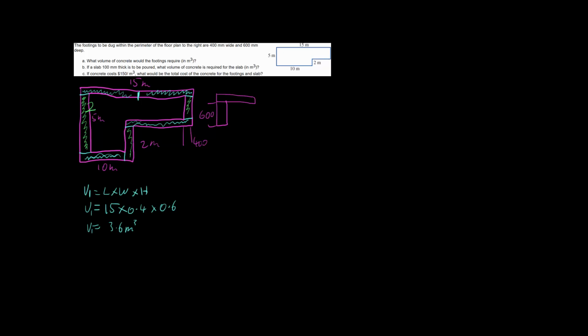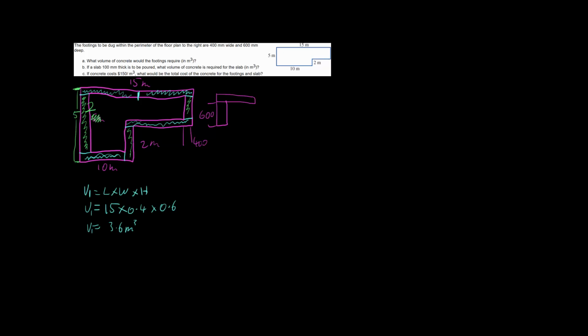We then have a look at section number 2. Now section number 2 has the problem that we don't have this full length here. I shouldn't have drawn that in there, because this is the 5 meters outside here, and that goes from the bottom all the way up to the top. So that 5 meters is the entire length.